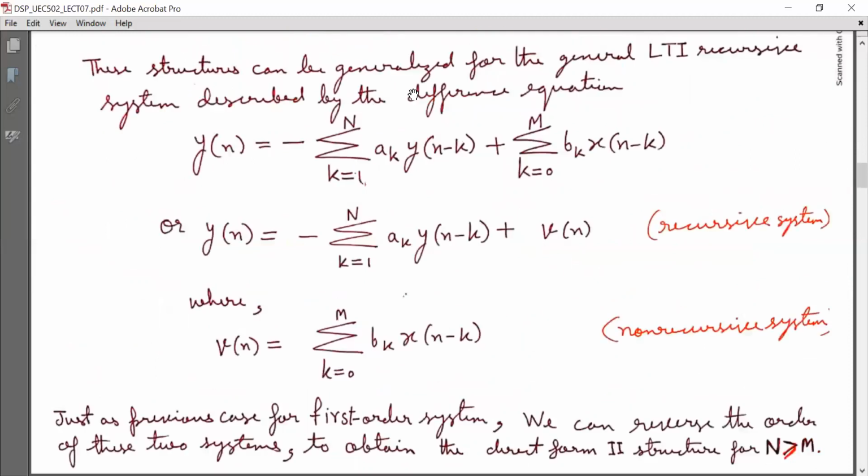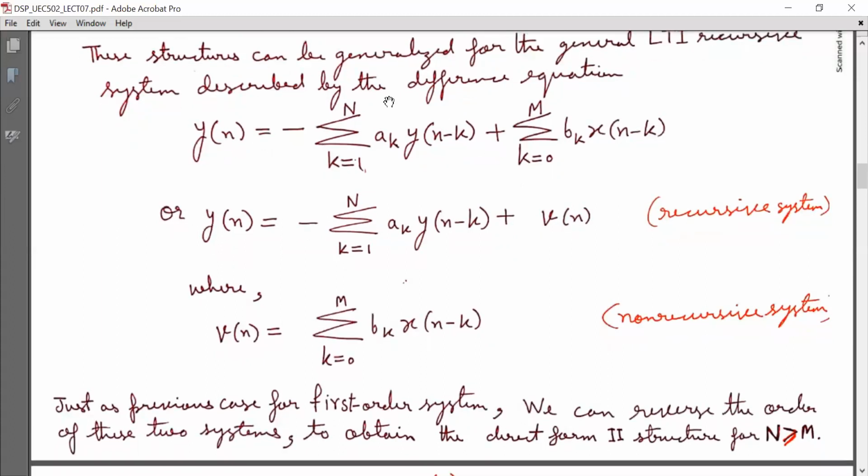These structures can be generalized for the general LTI recursive system described by the linear constant coefficient difference equation, that is y[n] = -summation k from 1 to N a_k y[n-k] + summation k from 0 to M b_k x[n-k]. Now y[n-k] is the output delayed by k units, and x[n-k] is the input delayed by k units. a_k and b_k are scale factors or constant coefficients.